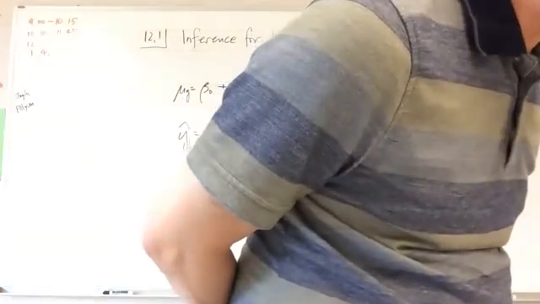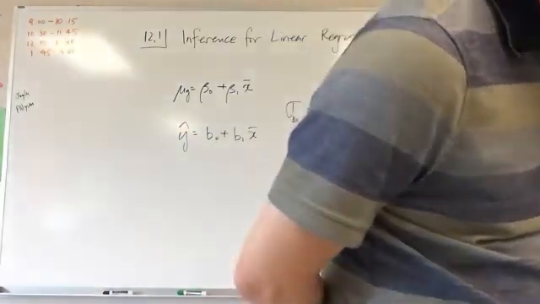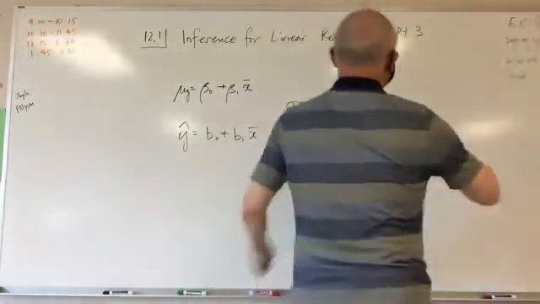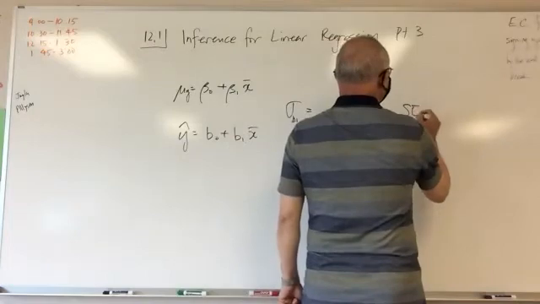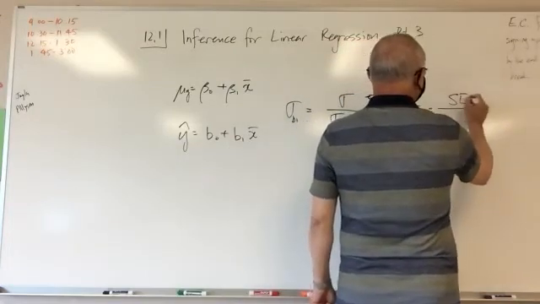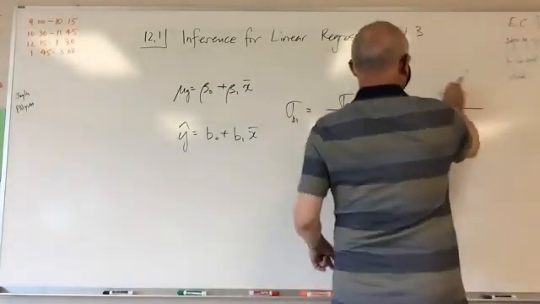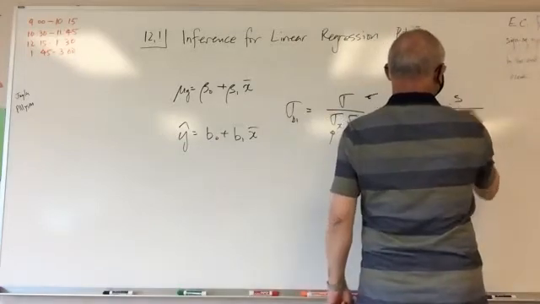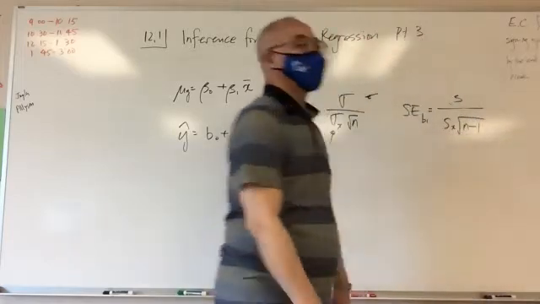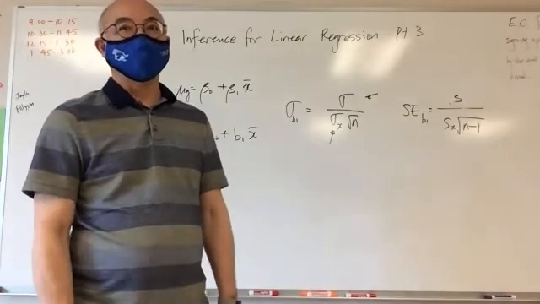For reasons beyond the scope of this text, we replace the denominator with that. So basically the standard error for B1 is going to be equal to S over the standard deviation of x times the square root of n minus 1. So in this one, you're supposed to just push the I believe button and move on.